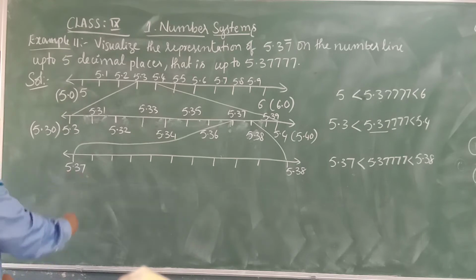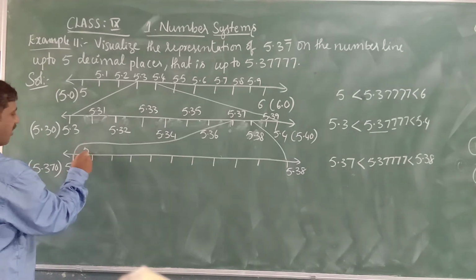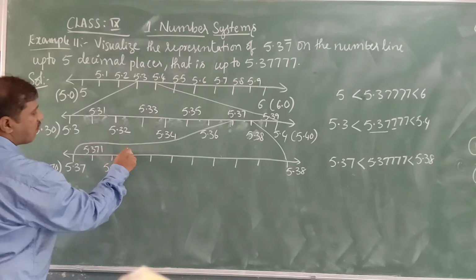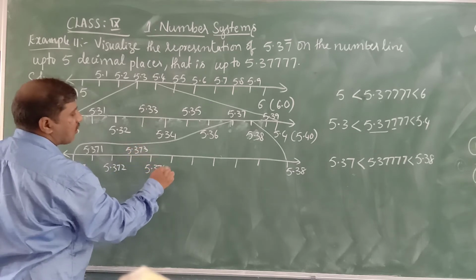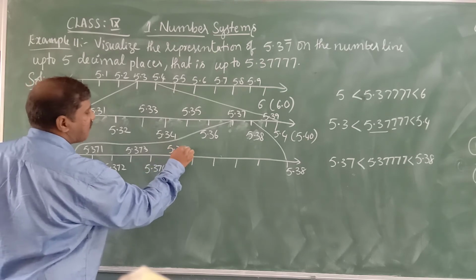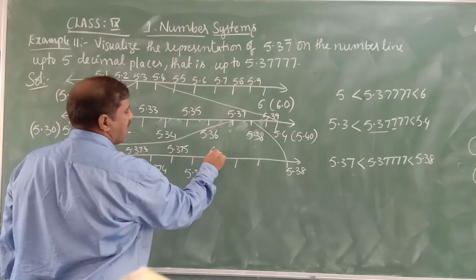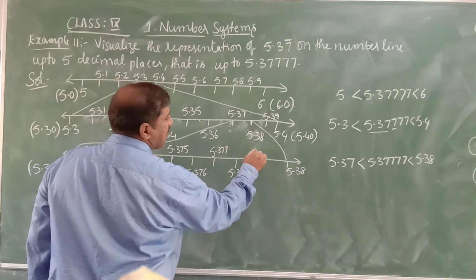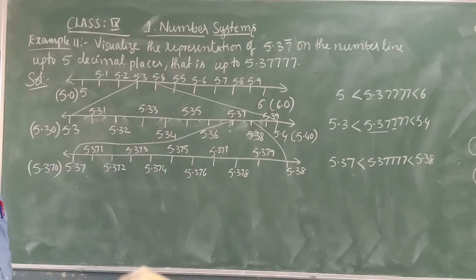So 5.37 means 5.370, with the third digit there. Now it will become 5.371, 5.372, 5.373, 5.374, 5.375, 5.376, 5.377, 5.378, 5.379 and 5.380.